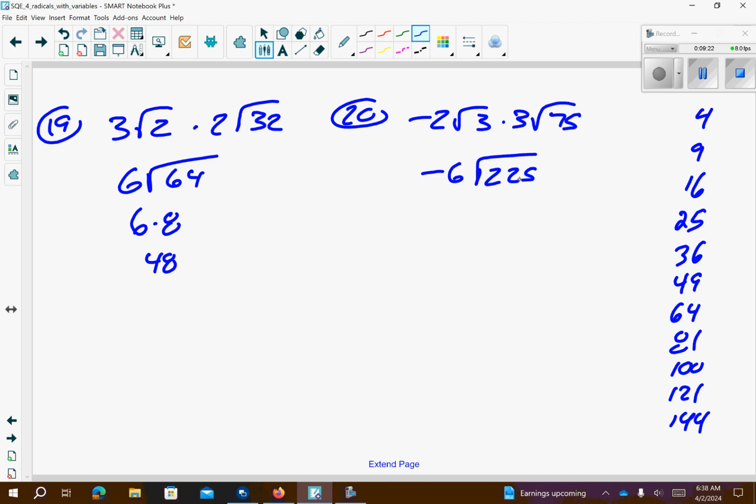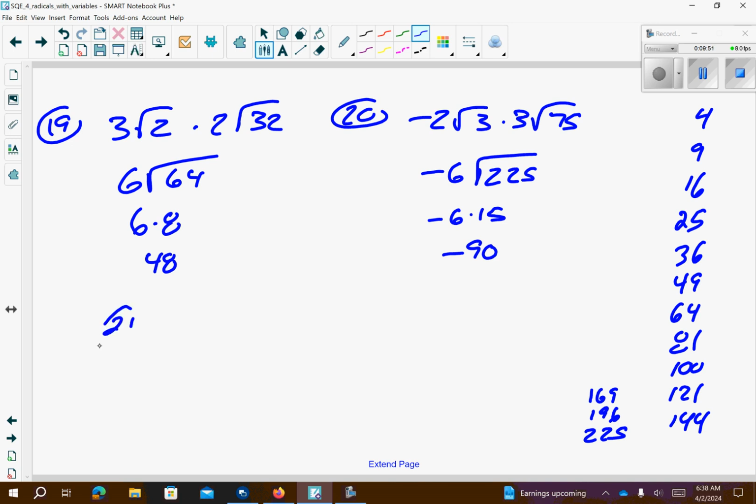Okay, so if I keep going on this list, it would go to 169, 196, and then 225. So this is 13 times 13, 14 times 14, and 15 times 15. If you just did square root of 225 on your calculator, it'll come out to just 15. So you get negative 6 times 15. Negative 6 times 15 is 90, so I wind up with a negative 90 for an answer.